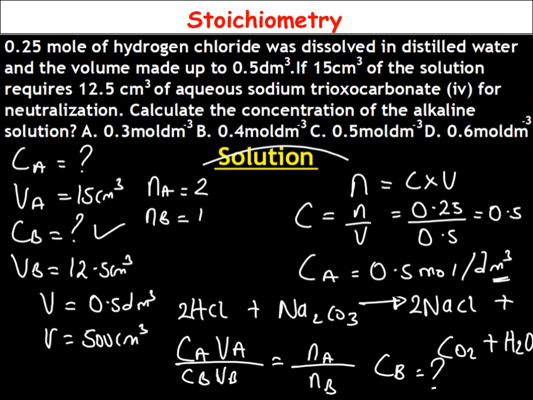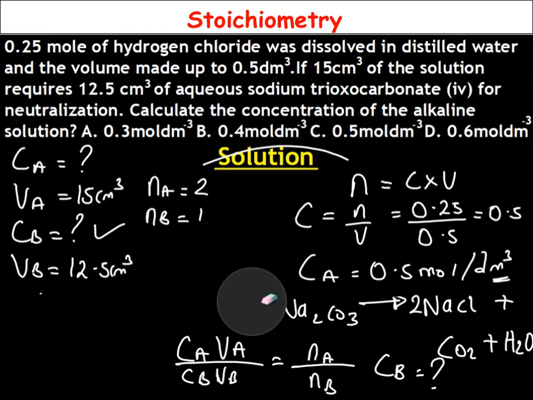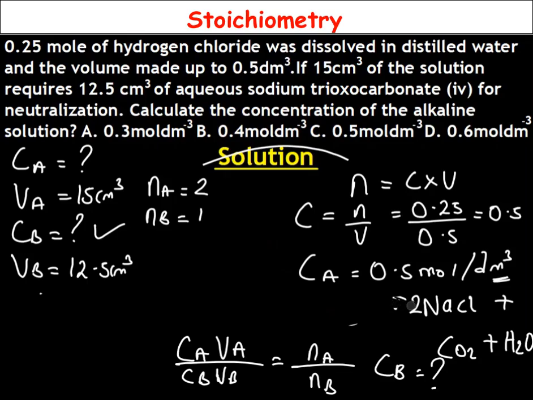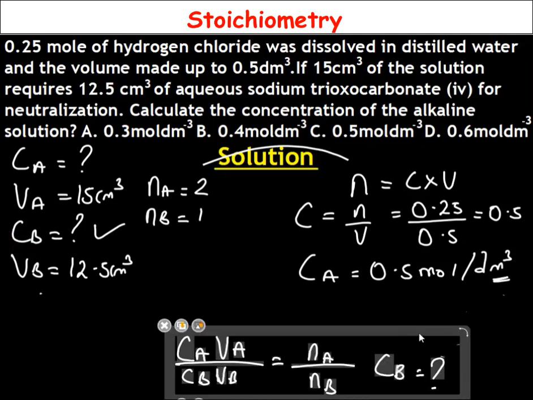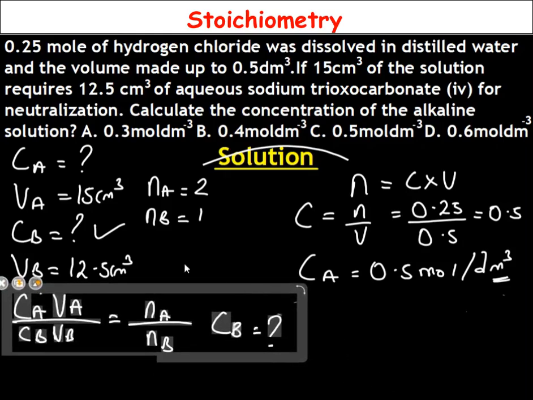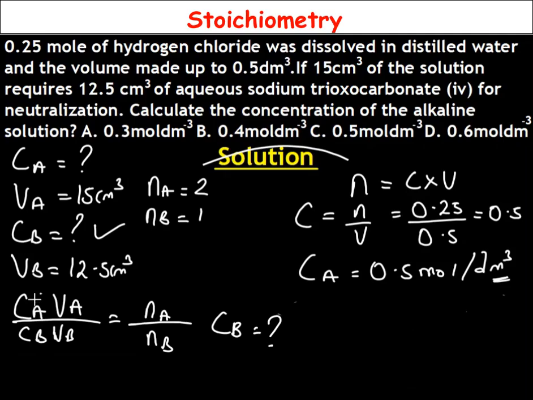So if I clean up this place, the value of Ca is 0.5 mole per dm cube.